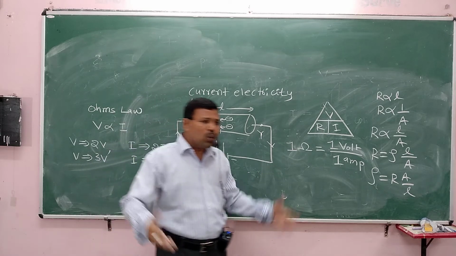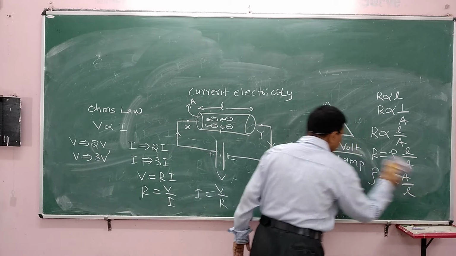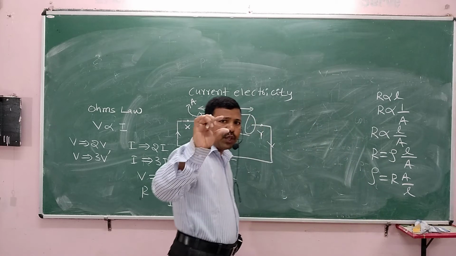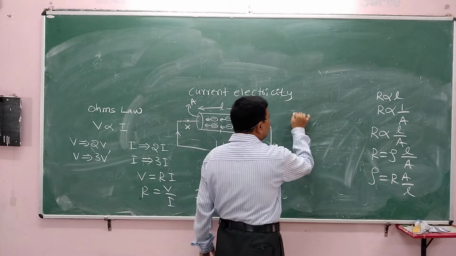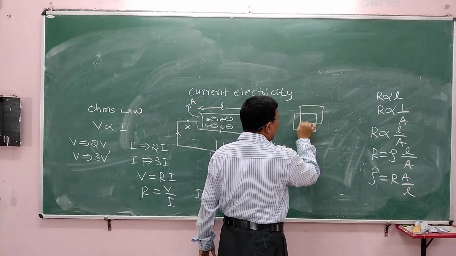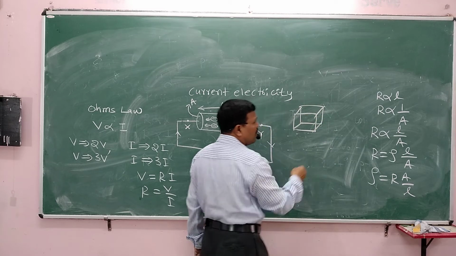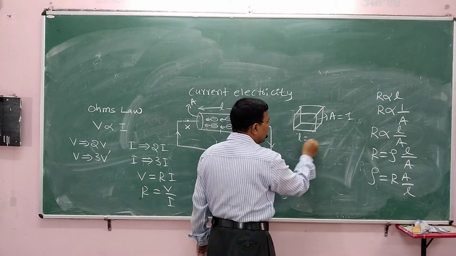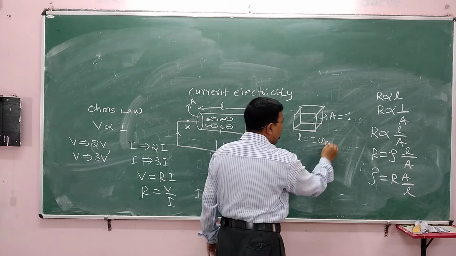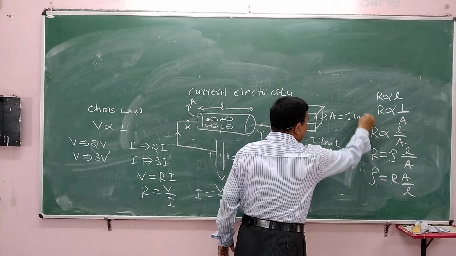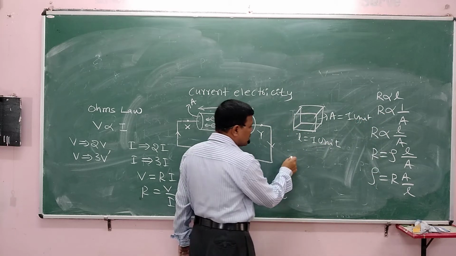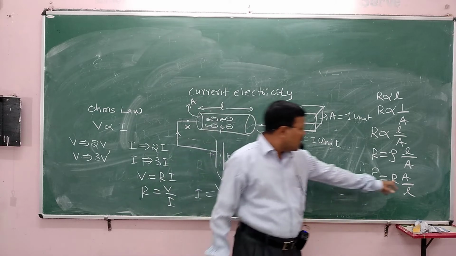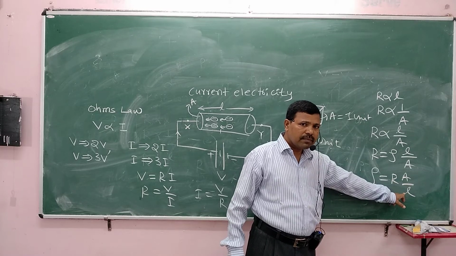But then how do we define resistivity? Suppose you take a cube of any material having unit cross-sectional area and unit length. In that case resistivity will be equal to resistance, because A is 1 and L is 1.